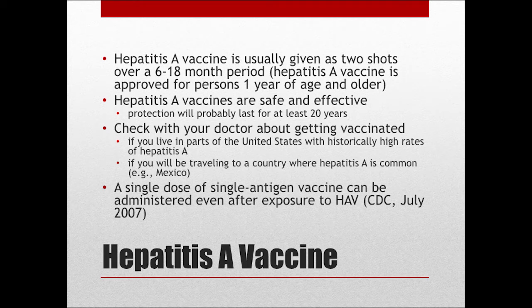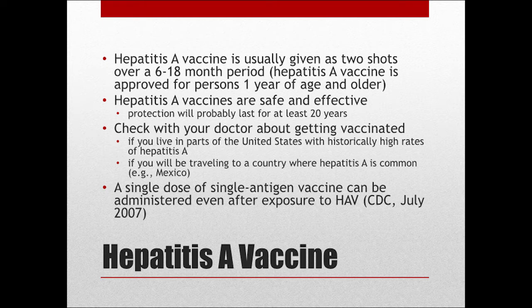The number of people who are infected with these diseases has dramatically decreased in our country in the last 10 to 15 years, as hepatitis A and hepatitis B vaccines have become very common. Kids get them right off the bat when they're born. My daughter got her first hepatitis B shot before she left the hospital a year and a half ago.